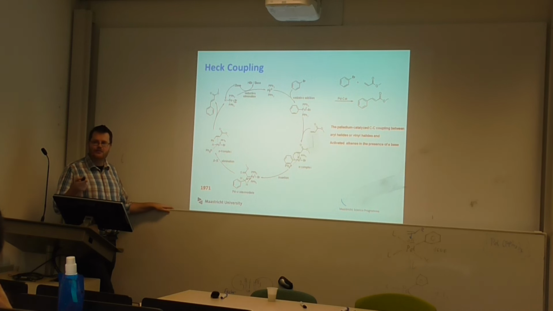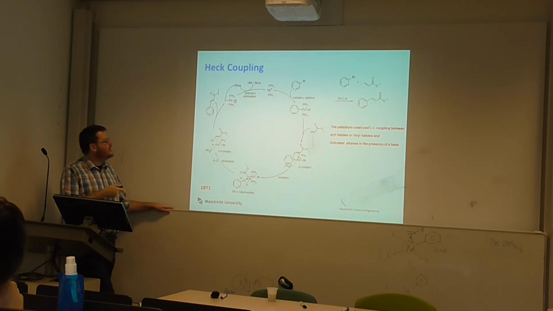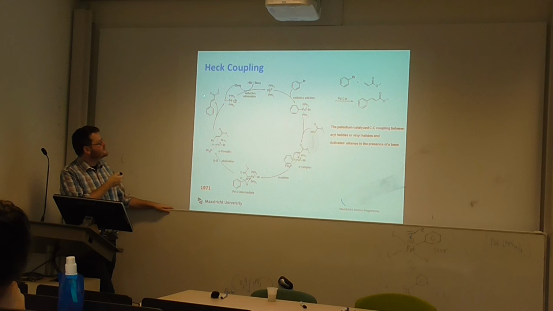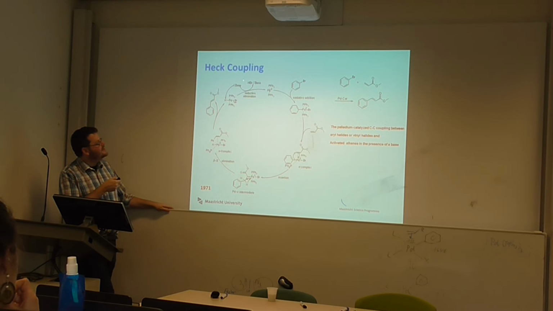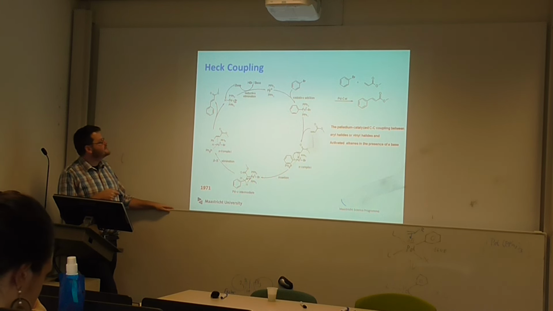Remember, if you have beta hydride elimination, you always form immediately after that a hydride alkene, and then the alkene can dissociate from the palladium, so that's the product. And then we're left with this palladium-2 guy here. That's the product resulting from the beta hydride elimination. And now we have a base, some sort of a base that comes along, a Lowry-Bronsted base or a Lewis base, and it picks up this H.